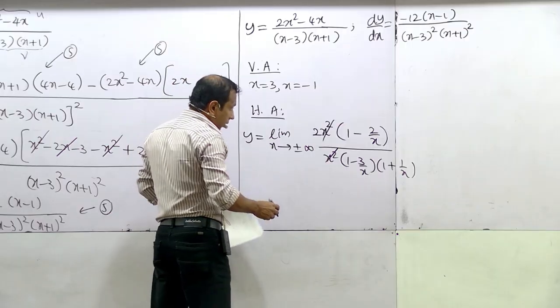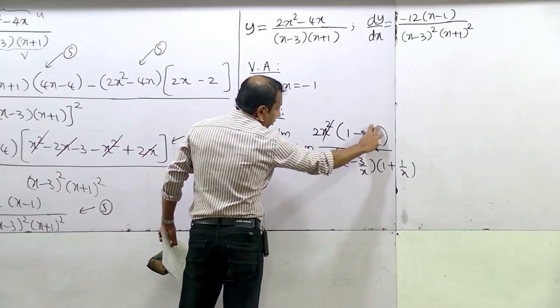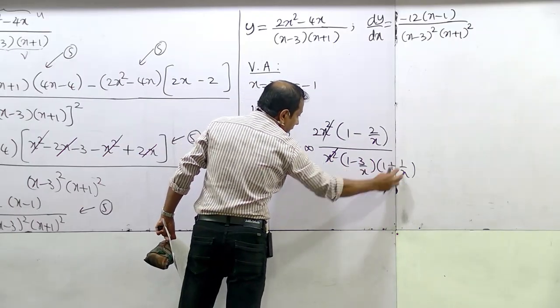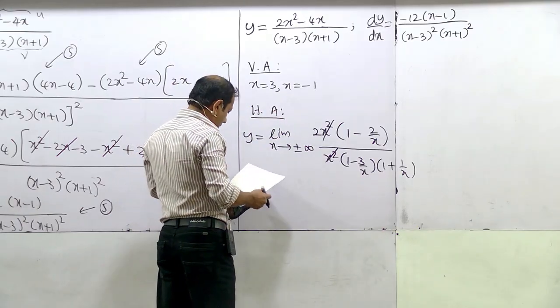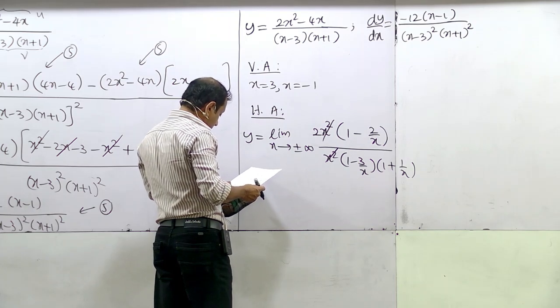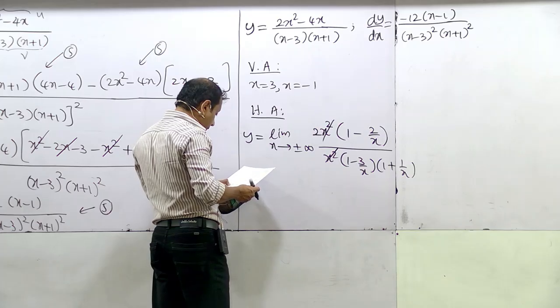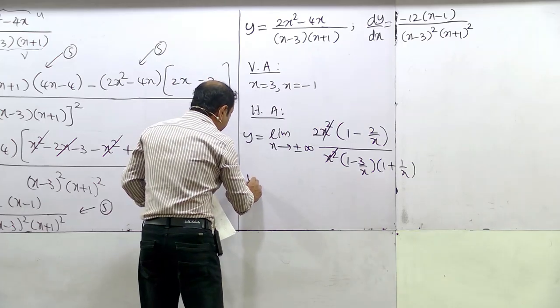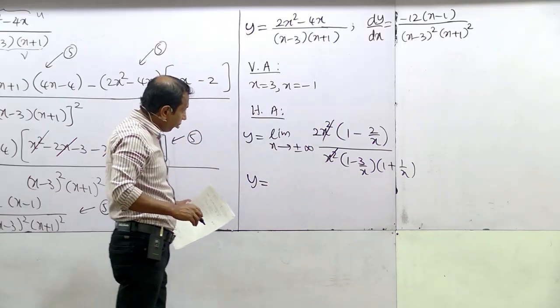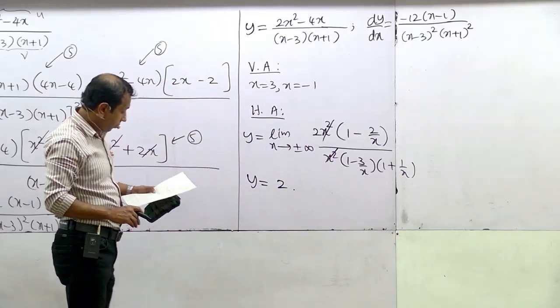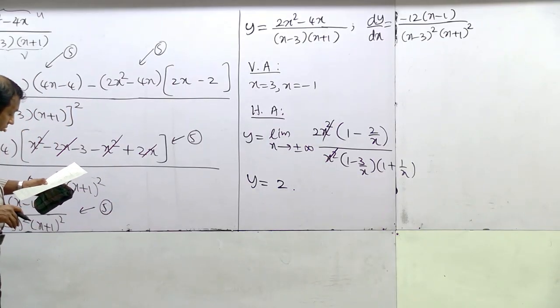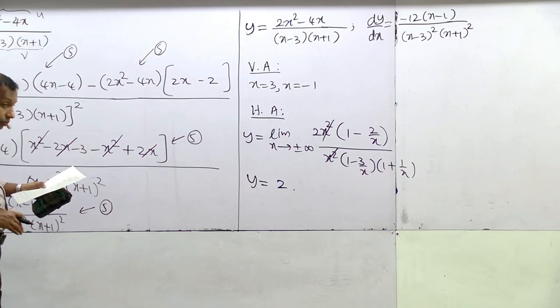When we put infinity here, the 1/x terms are 0, and we get 2. So the horizontal asymptote is y = 2.